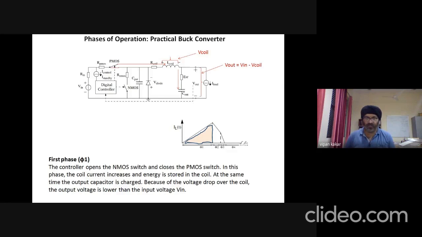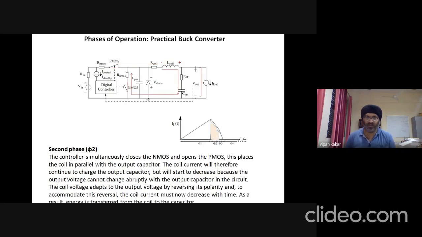Now in this phase, the inductor is completely energized due to the flow of current because of the switching on of this PMOS. Now phase 2: this PMOS is turned off and NMOS is turned on, simultaneously again.